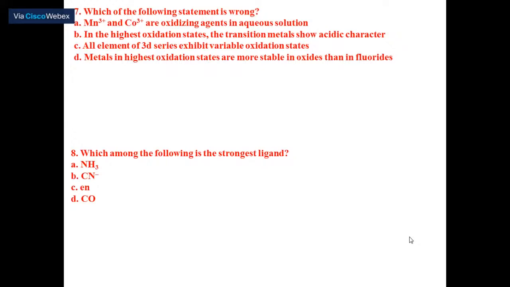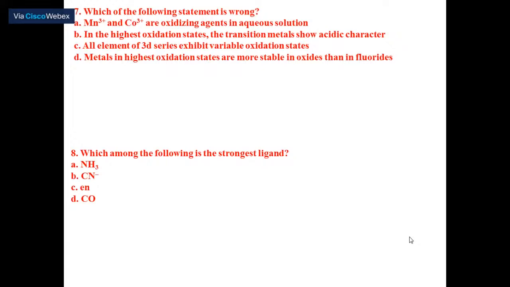Then we'll come to this: in the highest oxidation states, the transition metals show acidic character. You have seen how it behaves in the highest oxidation state, and I explained how it behaves in the lowest oxidation state. When elements exhibit a few oxidation states in between the highest and lowest, they behave as amphoteric in nature.